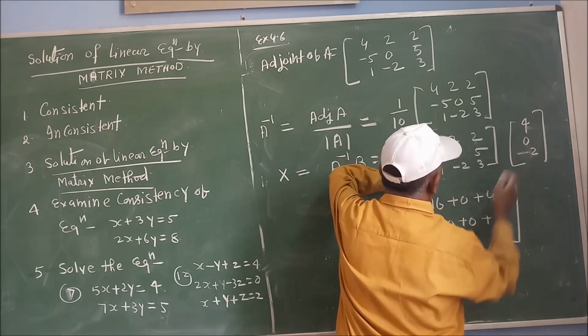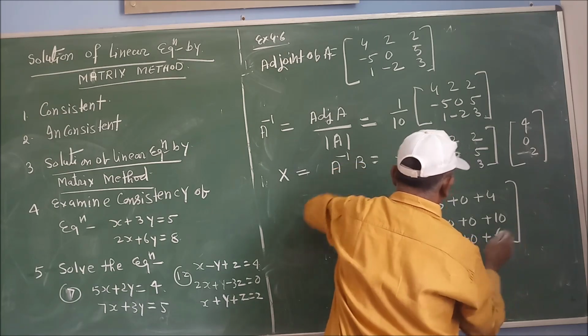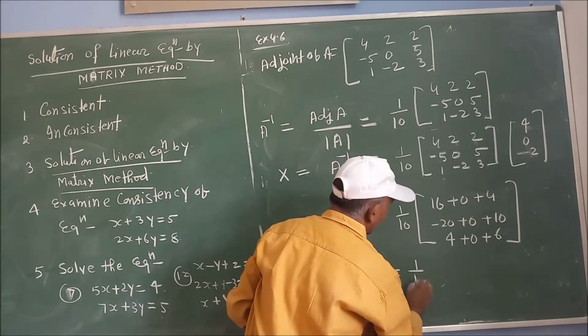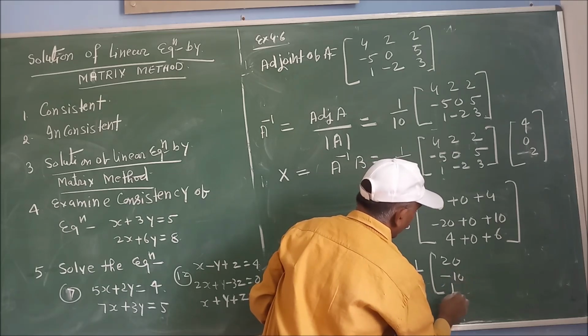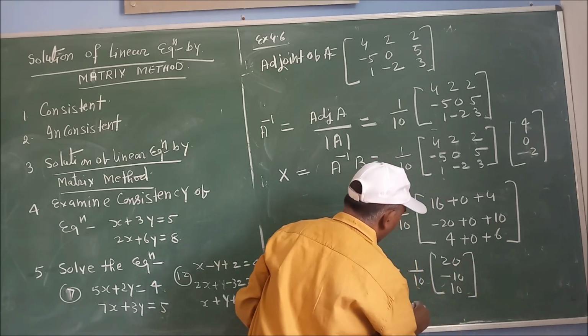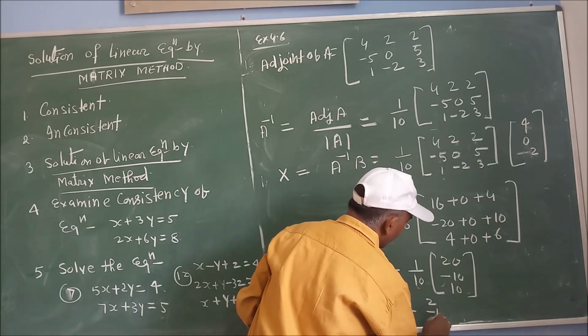So 1 into 4, 4, plus 0, plus 6. So this can be written as 1 by 10 into 20, minus 10 and 10.